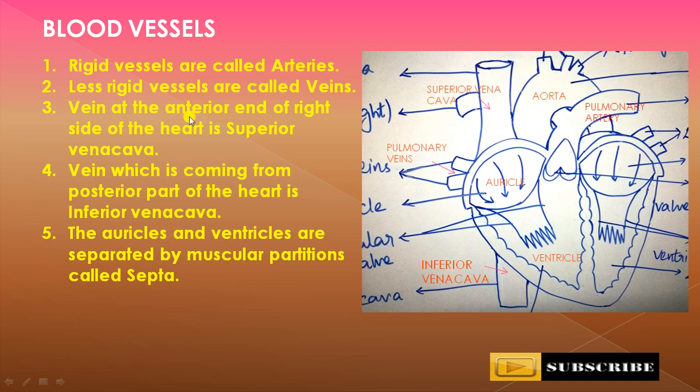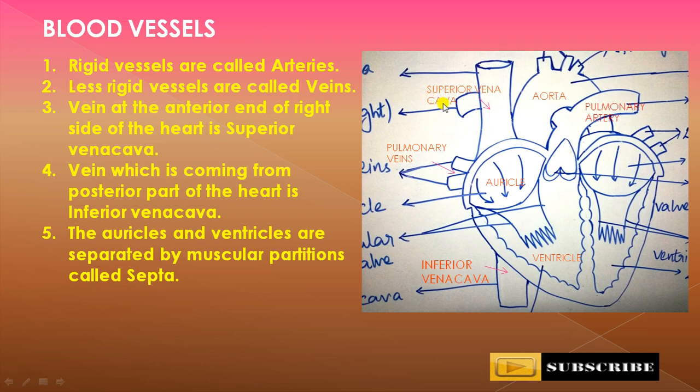Then the vein at the anterior end of the right side of the heart. Here just concentrate. Vein at the anterior end. So what is the anterior end? This upper side is the anterior end, at the right side of the heart. So what is the right side? This is the right side. So on the right side of the heart, at the anterior end, one vein is present which is known as the superior vena cava.